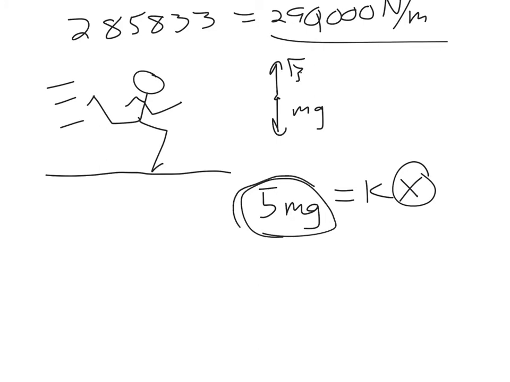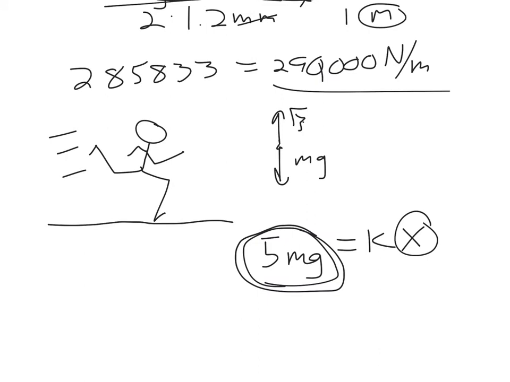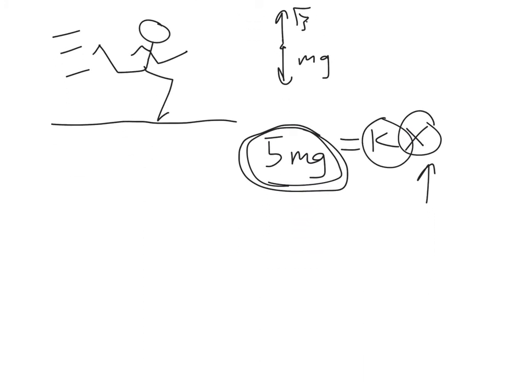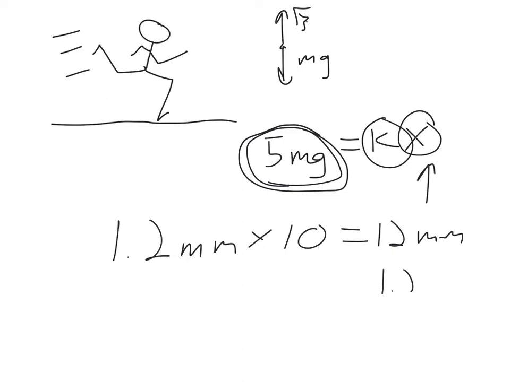This force is 10 times larger than mg over 2, which is a half an mg, or 0.5 mg, right? So if we make the force 10 times bigger, k is still the same, then we're going to make the distance 10 times bigger. So what did it compress before? It compressed 1.2 millimeters. Let's just multiply that by 10, which gives you a 12 millimeter compression, or a 1.2 centimeter compression. That's about right.